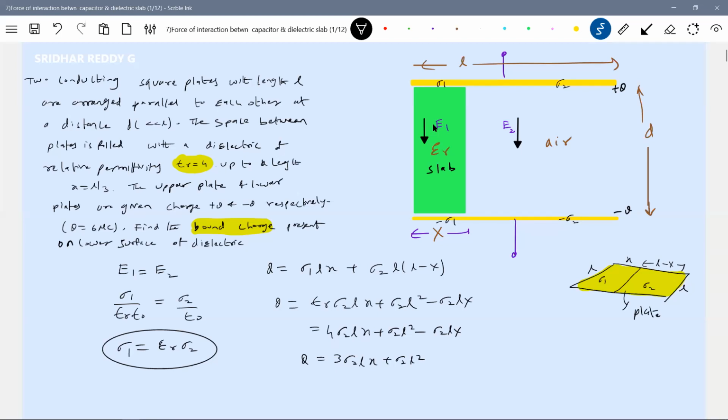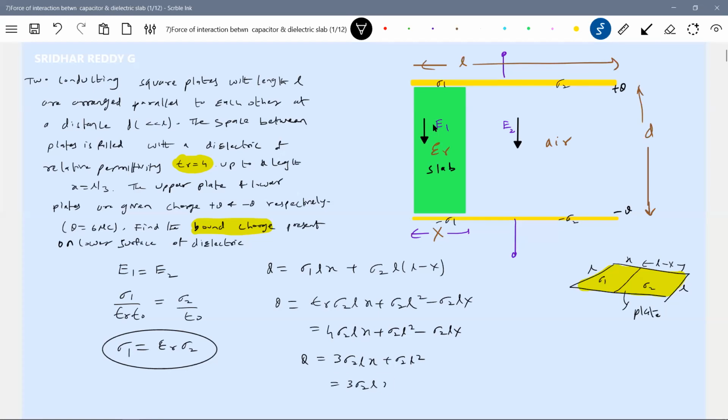Okay, finally, there's one more equation. What we have, sigma 2, 3 sigma. So this will become equal to how much? Equal to, okay, how much did you get? 3. This will become 4, no, totally. 4 sigma 2 x, with x equal to L by 3.